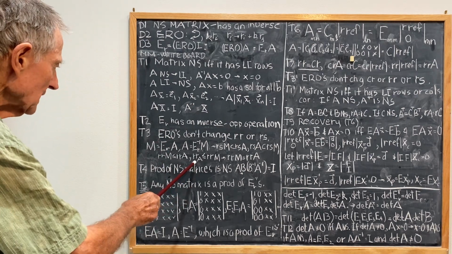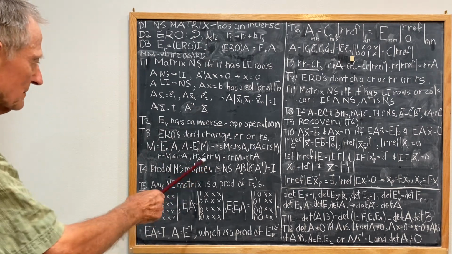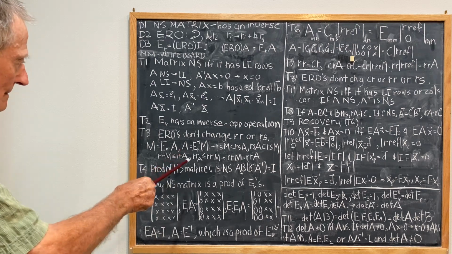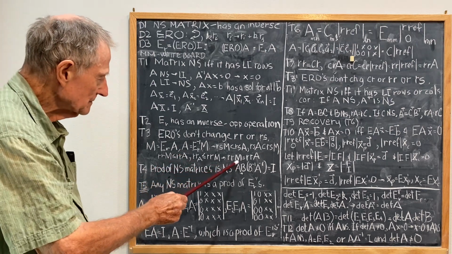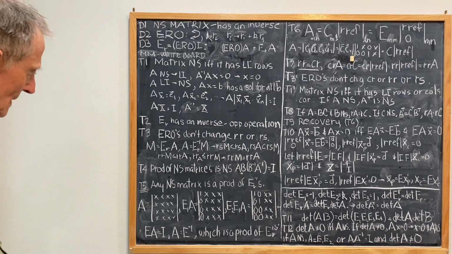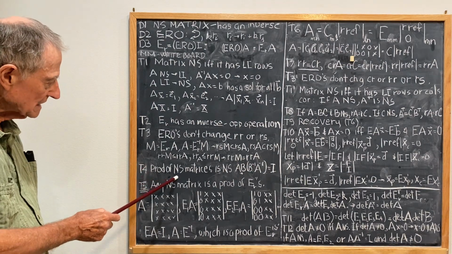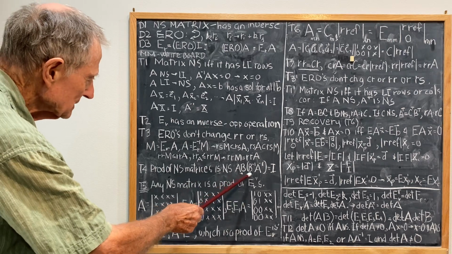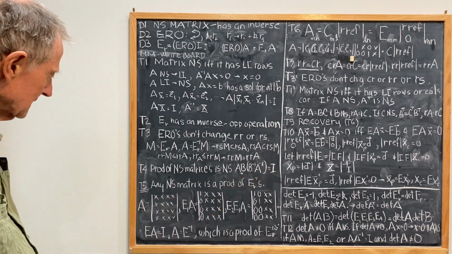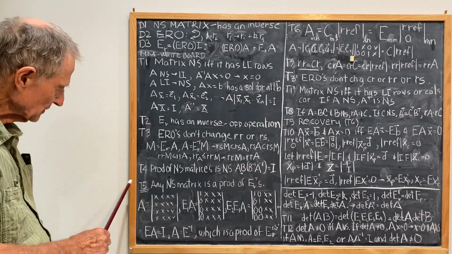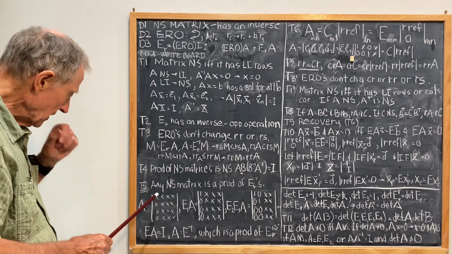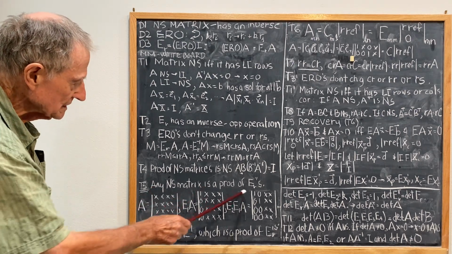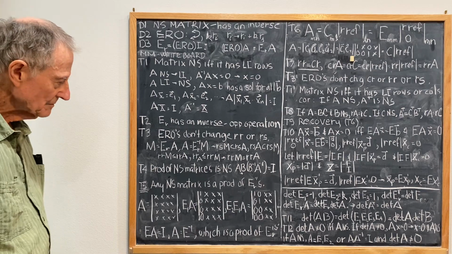And the row rank of A is less than or equal to the row rank of M. This implies that the row rank of M is equal to the row rank of A. The product of non-singular matrices is non-singular because AB times B to the minus 1, A to the minus 1 is equal to I. And then a more sophisticated theorem: any non-singular matrix is a product of elementary matrices.